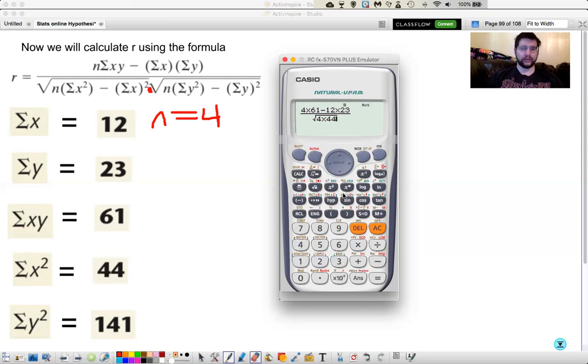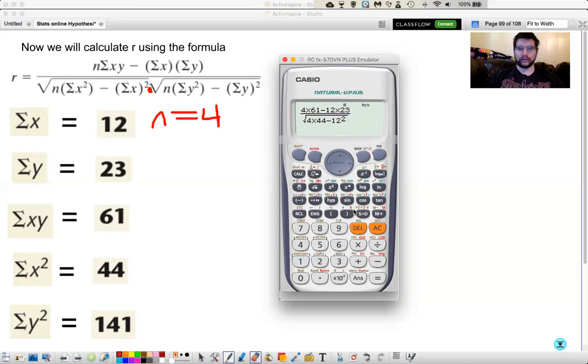I'm still under that same square root, minus sum of x, which is 12, and we got to square that. So be careful. These two are not the same thing. Notice this square is outside parentheses, that square is inside parentheses. That's the difference. So we're done with this square root.